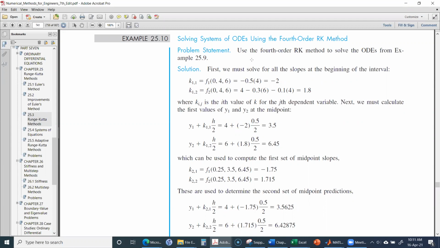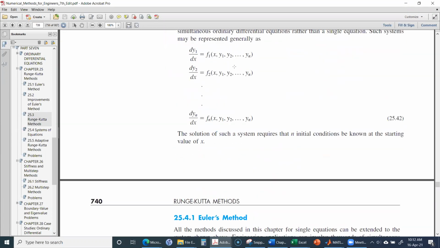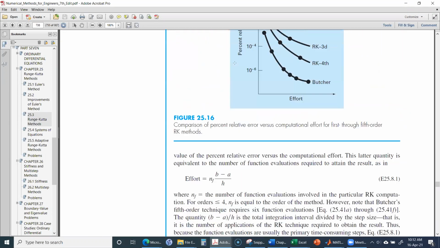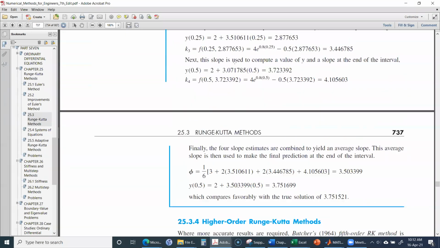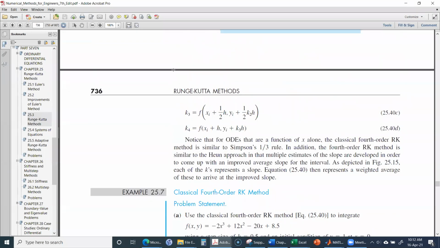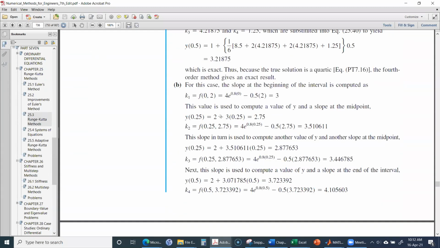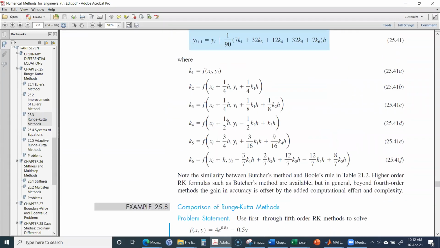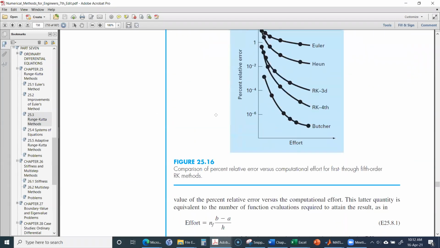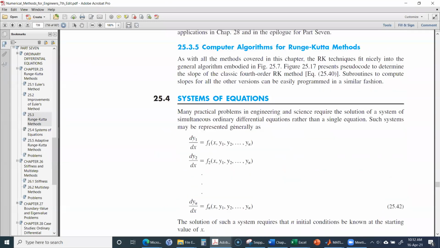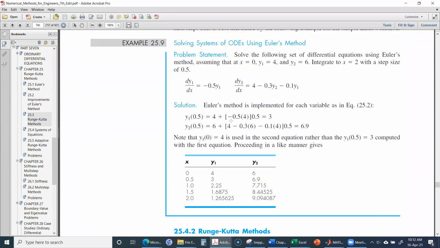Remember that in the fourth order Runge-Kutta method, we have to calculate K1, K2, K3, K4 by these formulae. Therefore, we have to apply this K1, K2, K3, K4 repeatedly for these two equations, for this one and for this one.